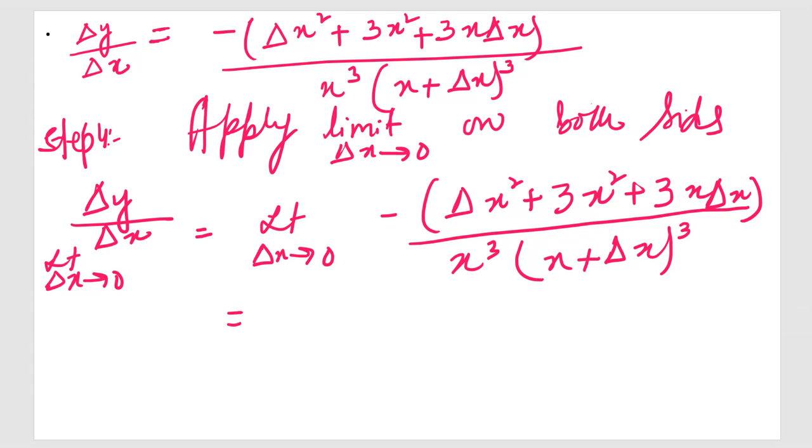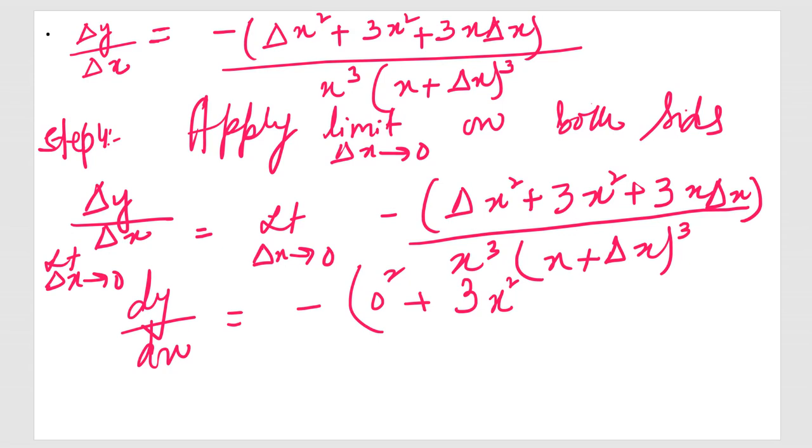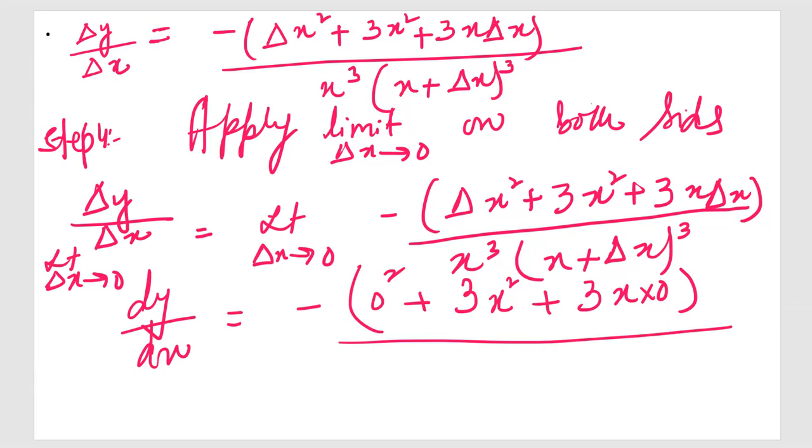So when we apply delta x tends to 0 on delta y over delta x, it converts to dy by dx. And here we have negative delta x square, so delta x is 0. There is no delta x in 3x square, so it remains the same constant, plus 3x into 0, because wherever we have delta x, we have to put 0.